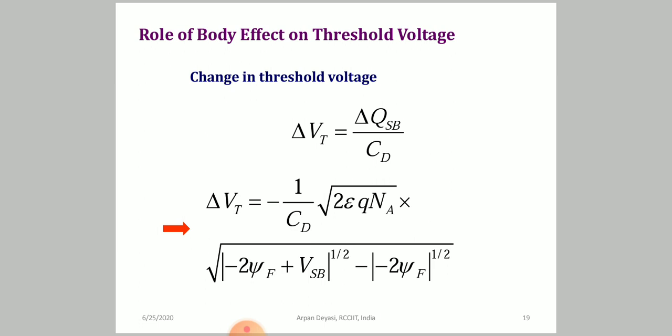Actually, when I go for the short channel effect discussion, then the body effect coefficient will be extremely crucial for the analysis. So thank you all. These are the small mathematical steps in order to understand the electrical properties of the MOSFET. And in my lecture 6, I will discuss in detail the IV characteristics of the MOSFET, both in the active and saturation conditions. And I will also discuss the channel length modulation. Thank you all.